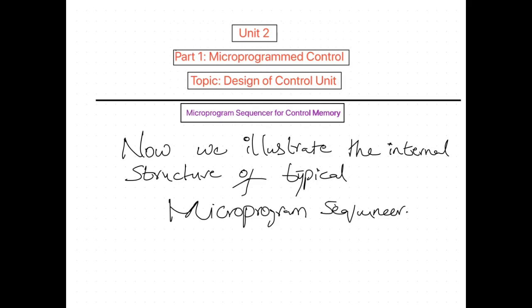Let us get into the block diagram of this microprogram sequencer. In this block diagram, control memory is included to show the interaction between the sequencer and the control memory attached to it. Now I am taking a control memory.